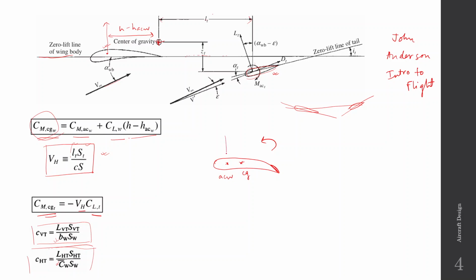Then the lift acts at the AC of the wing, so this lift will produce a positive moment, which will counter the CMAC wing contribution a little bit. So it will reduce it by a little bit.